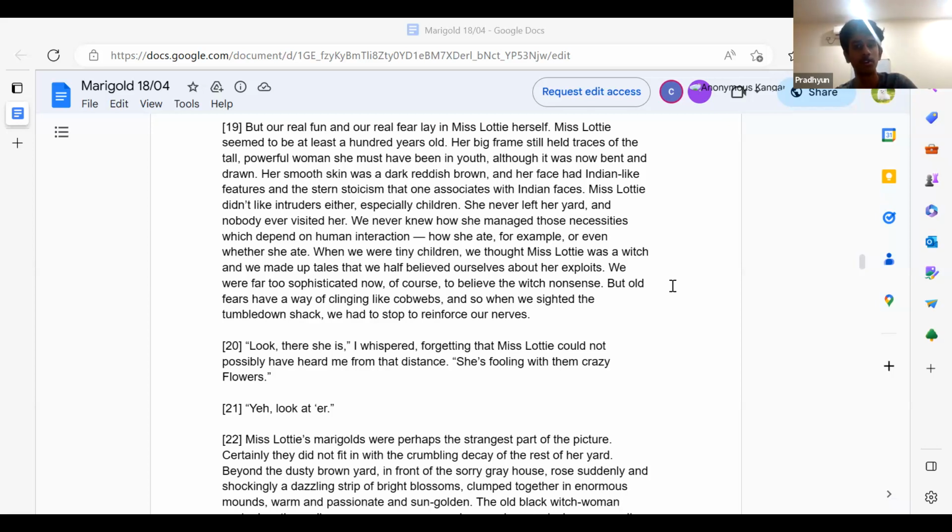We never knew how she managed those necessities which depend on human interaction. How she ate, for example, even whether she ate. When we were tiny children, we thought Miss Lottie was a witch, and we made up tales that we half believed ourselves about her exploits. We were far too sophisticated now, of course, to believe the witch nonsense. But old fears have a way of thinking like cobwebs. And so when we sighted the tumble-down shack, we had to stop to reinforce our nerves.